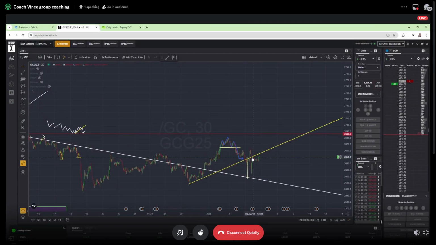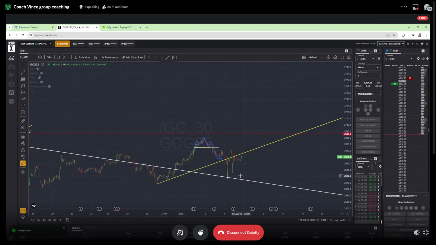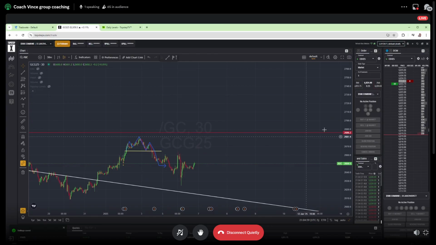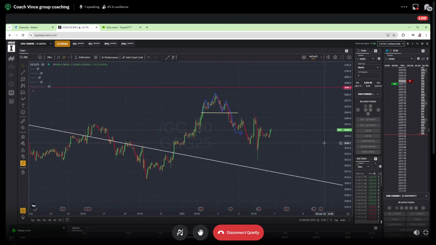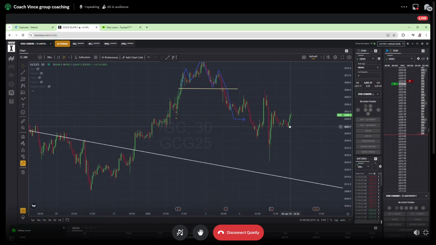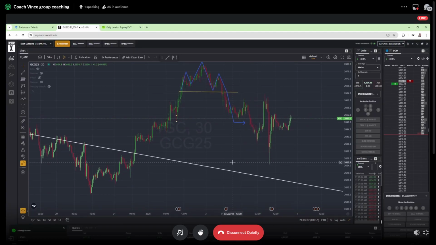All right, we drew this slope, came down, went up, testing. Okay, so right now I'm going to take that off. Let's just look at it for what it is. What else do you see here? This is just chop.